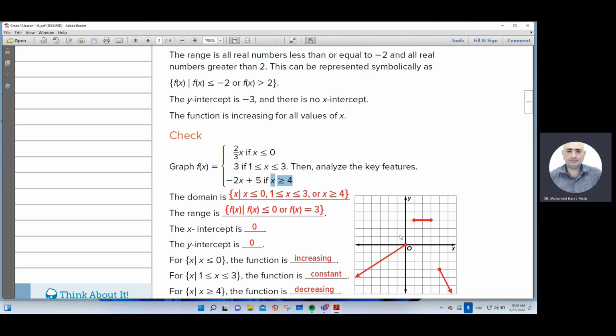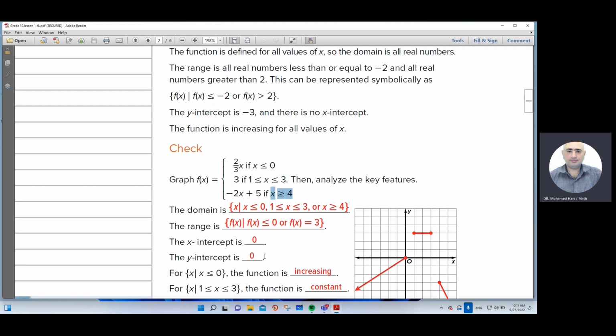And the y-intercept also 0. And for x less than or equal 0, the function is what? Is increasing. And the function here constant. And the function here decreasing. Done?